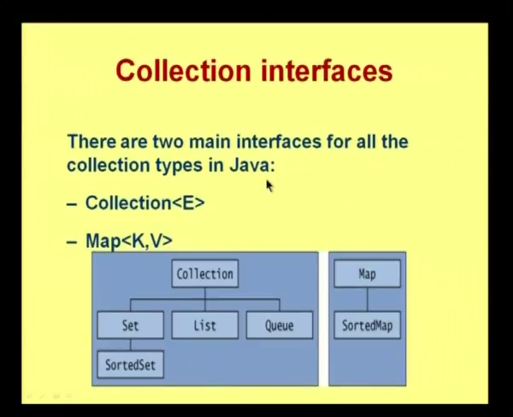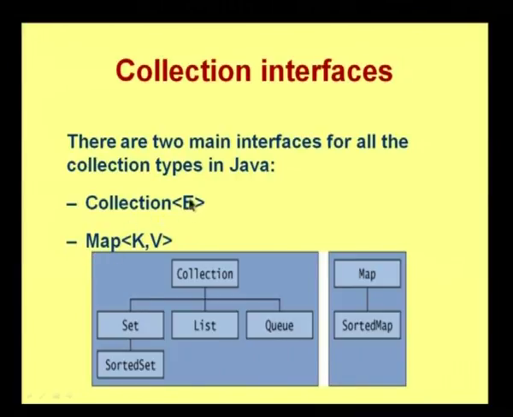In Java, in the collections framework, we can use all data types in one particular type of collection. First I will introduce you to a few interfaces. There are two main interfaces for all the collection types in Java. One is collection, another one is map.